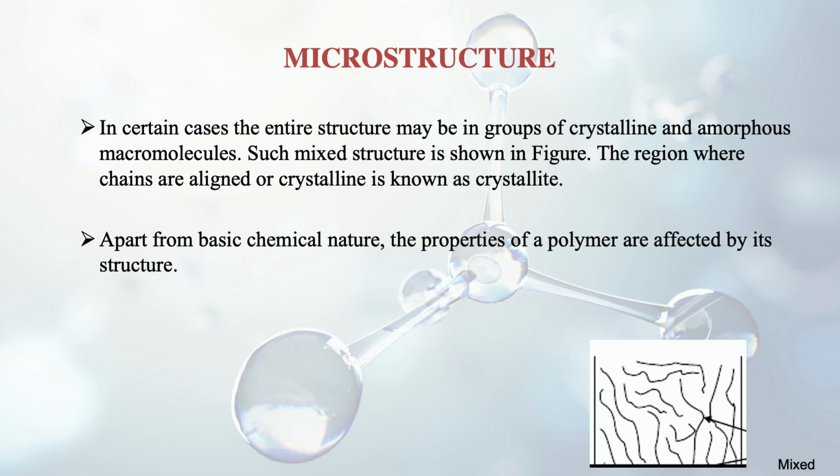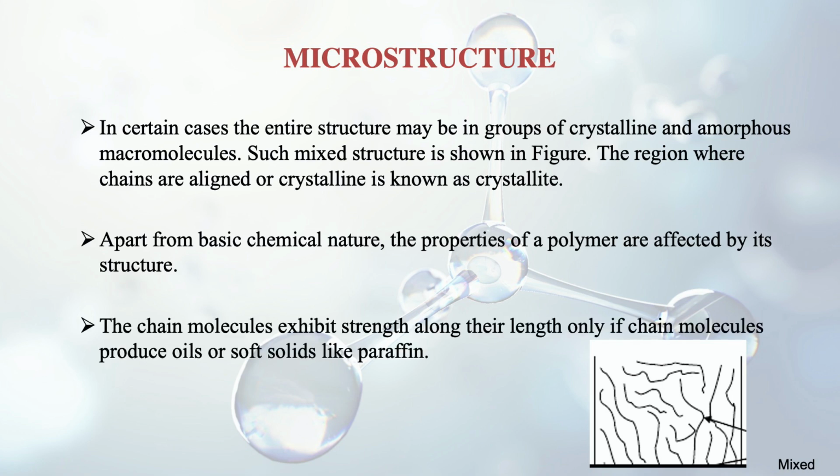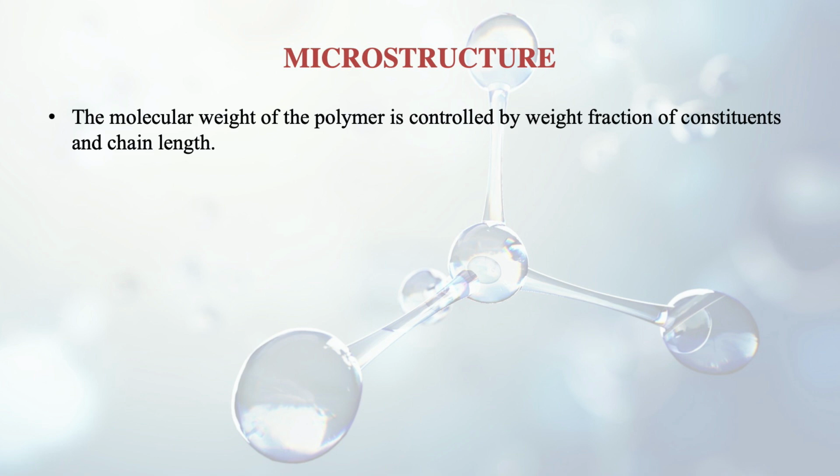Apart from the basic chemical nature, the properties of a polymer are very much affected by its structure. The chain molecules exhibit strength along their length only. The molecular weight of the polymer is controlled by the weight fraction of the constituents and the chain length.